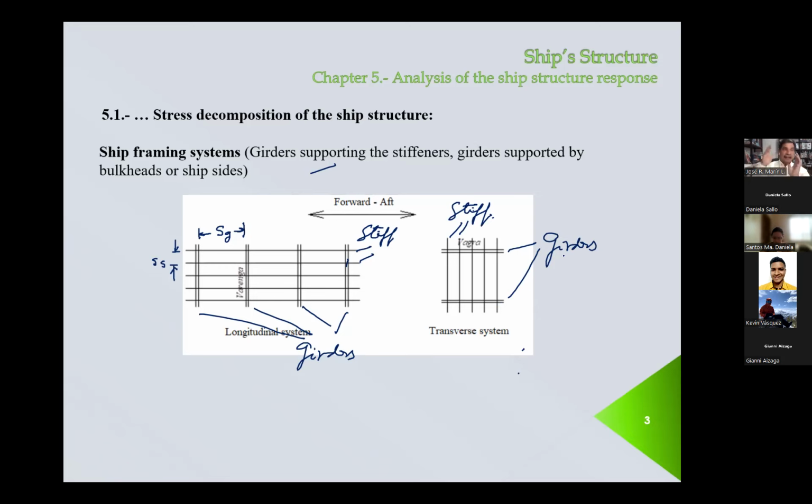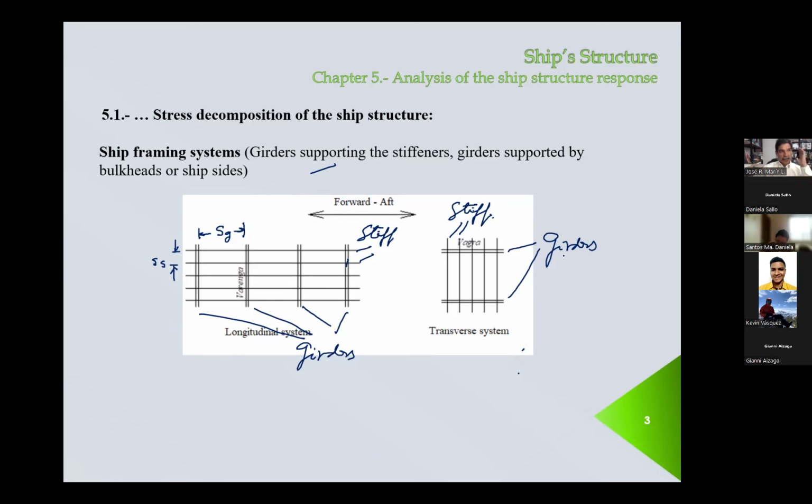It's like saying the load is transmitted from the plating to the stiffeners. The stiffeners are supported by the girders. It's similar to say that the stiffeners are transmitting the load to the girders. So the girders take the load from the plating, from the stiffeners, and transmit it to the very strong elements, which are the sides of the ship or the bulkheads.